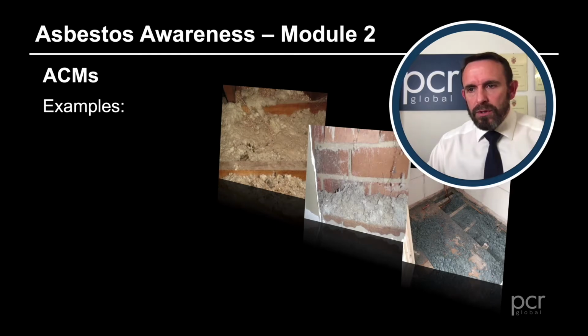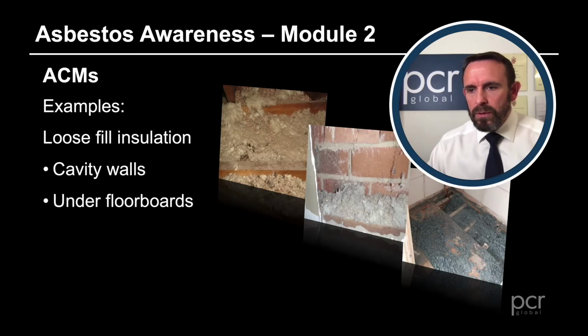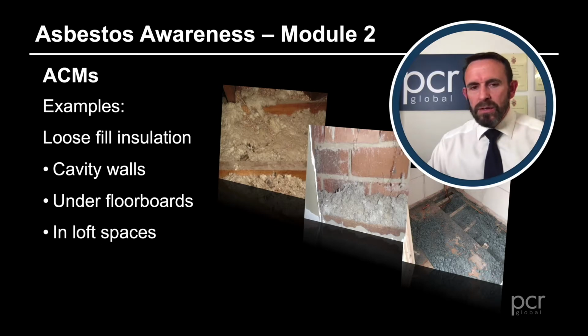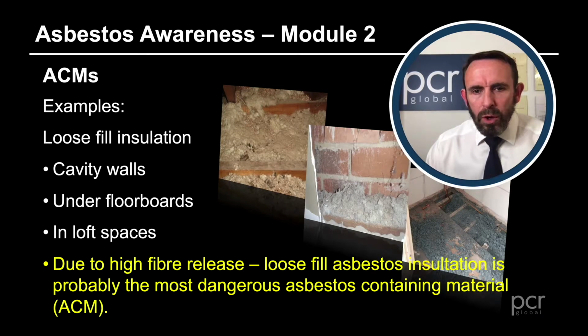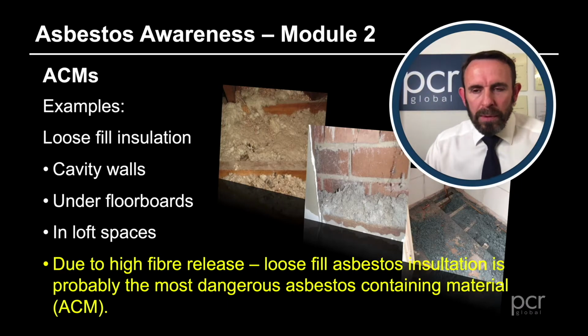Further examples of loose fill insulation here. So loose fill insulation was used in cavity walls, under floorboards, in loft spaces. And when you look at the fluffiness, the texture of loose fill insulation, you can imagine that lifting up a board and it getting blown up into the air, releasing lots of fibres.